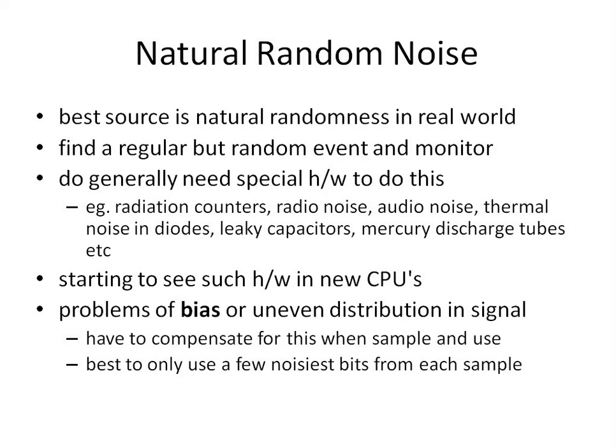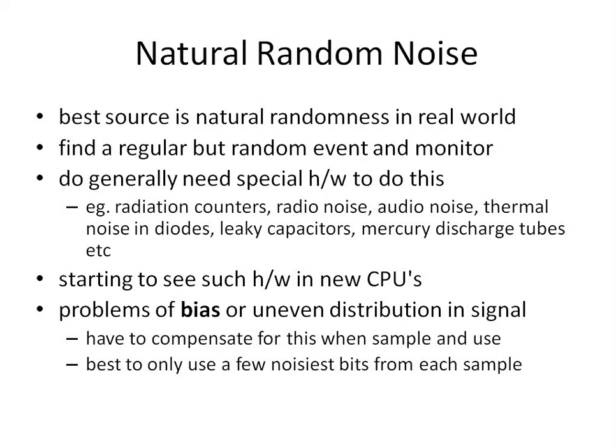For such sources we do not need any special hardware, and all such sources can generate true random numbers. In modern CPUs we can find such sources to generate random numbers.